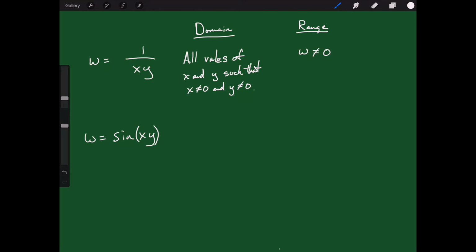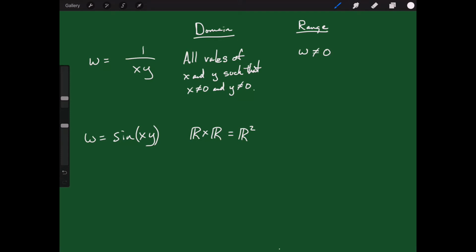So the domain is all of x can be anything and y can be anything. So one way I could say this is R cross R, in other words, the entire real plane. Another way I could say this is I could write this as R squared. R squared just represents the xy plane, basically.